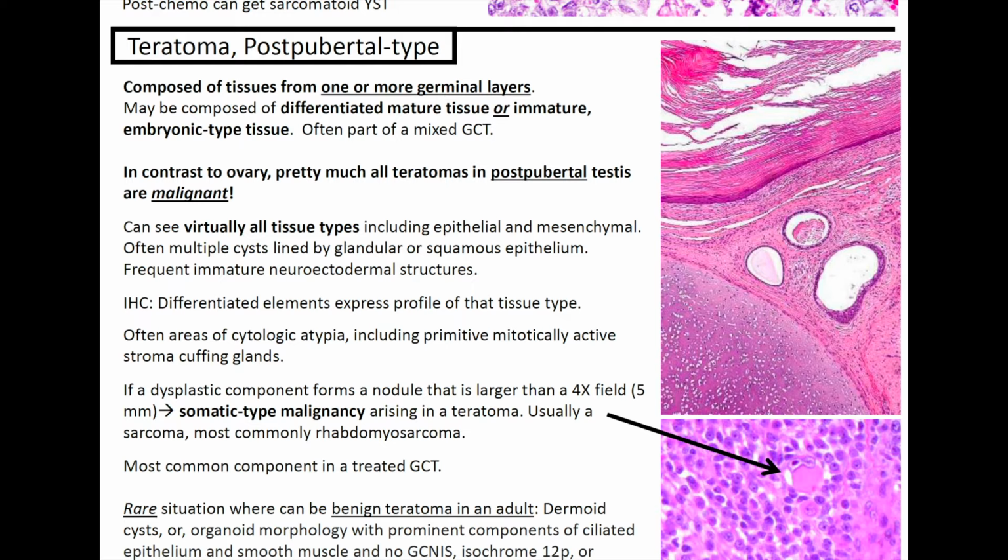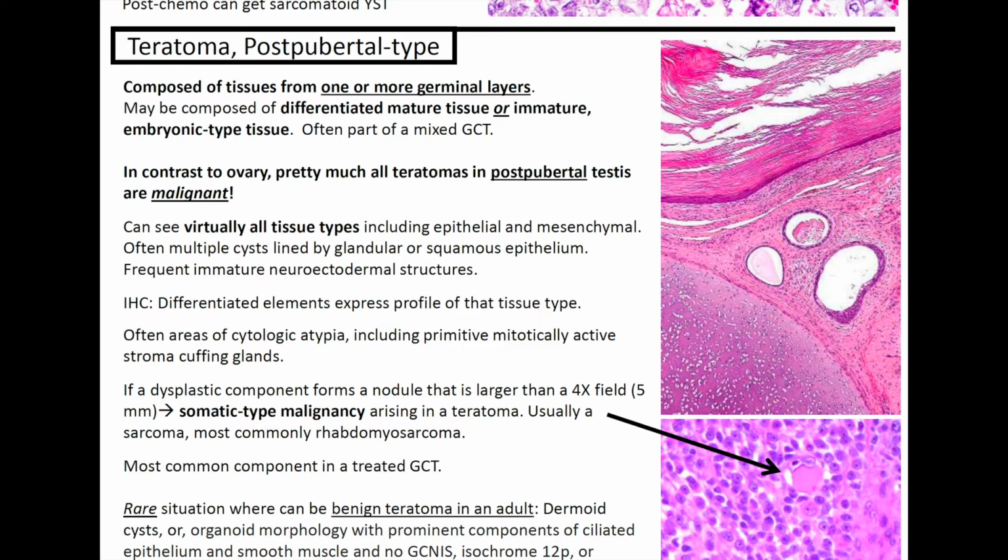For IHC, differentiated elements express the profile of that tissue type, and there are often areas of cytologic atypia, including primitive mitotically active stroma cuffing glands. If a dysplastic component forms a nodule that is larger than a 4x field, or 5 millimeters, then this could be a somatic type malignancy arising in a teratoma, usually a sarcoma, most commonly rhabdomyosarcoma.